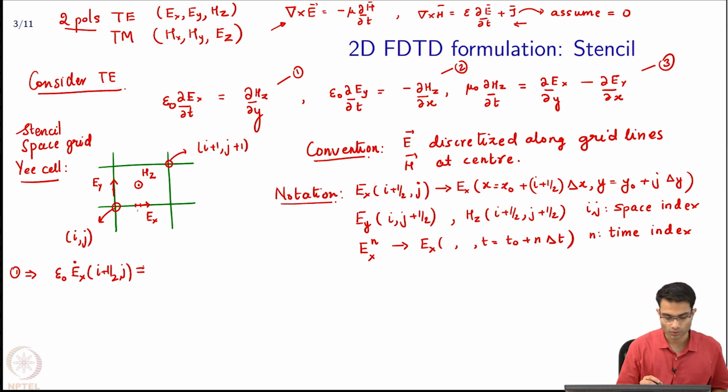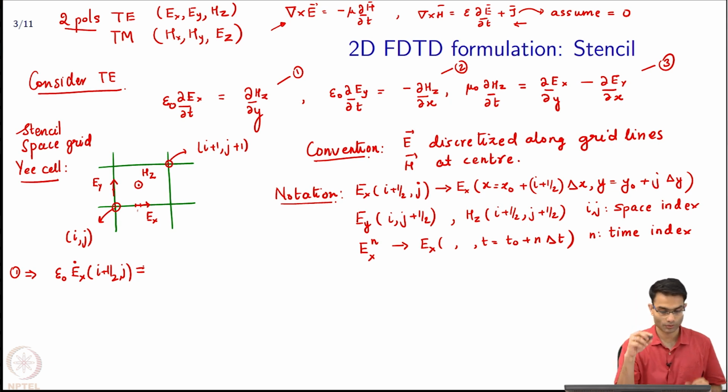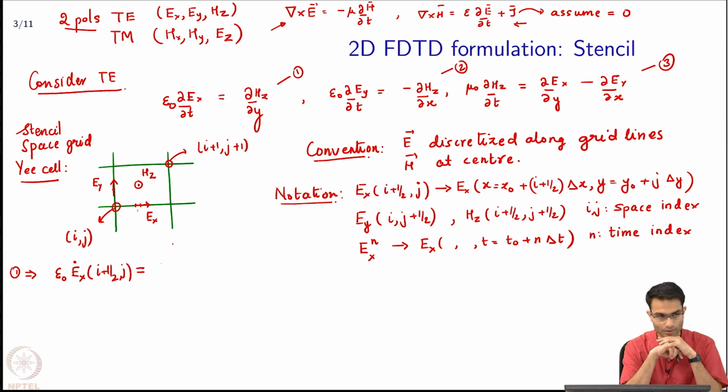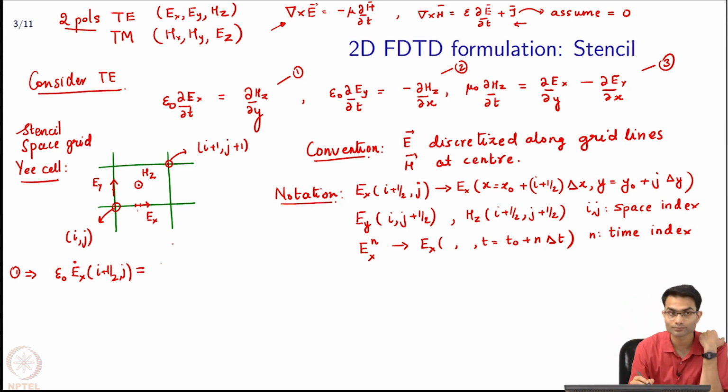Partial derivative of Hz with respect to which coordinate? Y coordinate. So, what should I write in the right hand side? This is Hz. So Hz evaluated at, in terms of i and j, let us try to write it down.